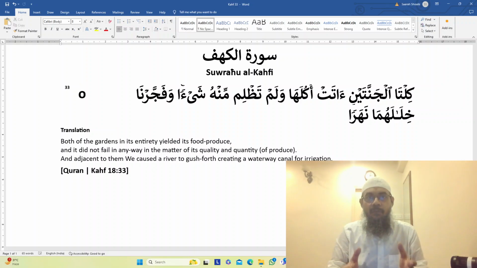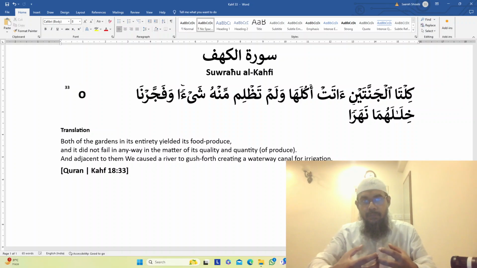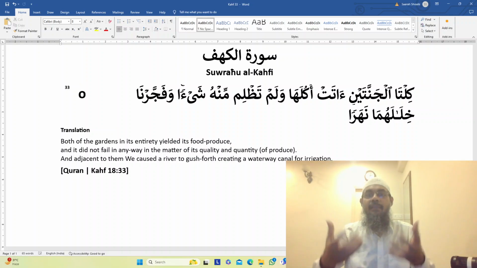That is from where the word Fajr is derived. So it cracks, it splits. The night cracks up and the daylight comes through. Similarly, another analogy is there are rocks and stones which can crack and then water can gush forth from it. So in that sort of connotation as well.